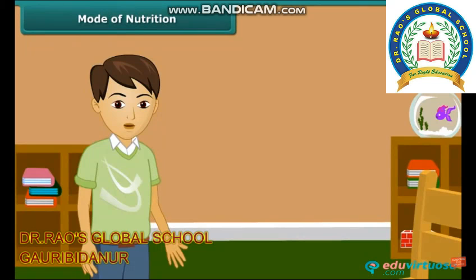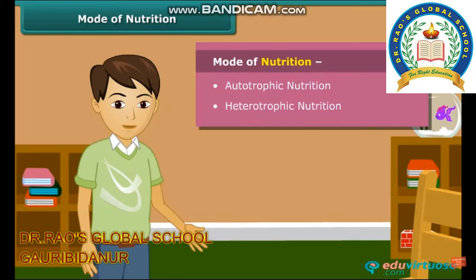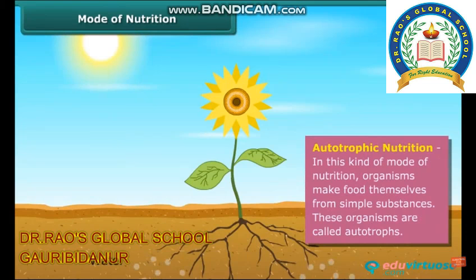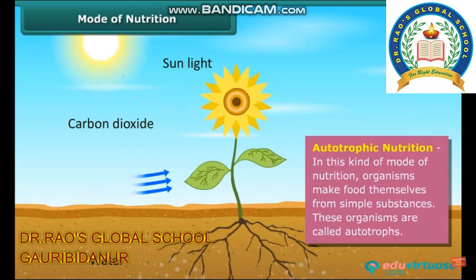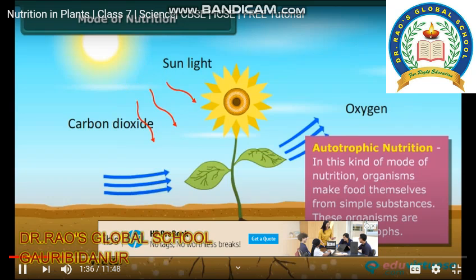Dear friends, now let's know about the mode of nutrition. There are two types of nutrition modes: autotrophic nutrition and heterotrophic nutrition. But what are they? The mode of nutrition in which organisms make food themselves from simple substances is called autotrophic nutrition, and these organisms are called autotrophs.